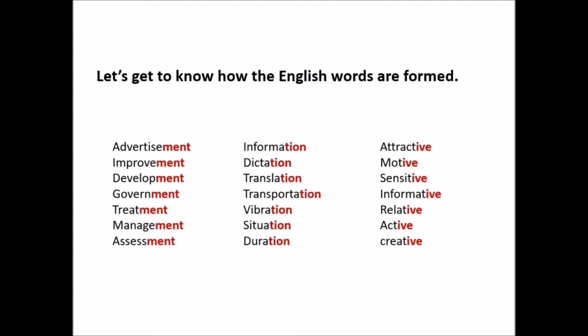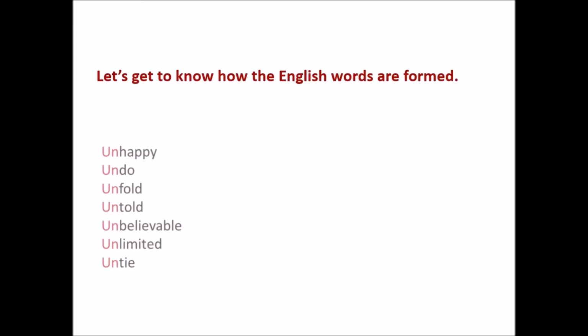Now we can add a few letters in the front. For example, here you can see unhappy. We have added two letters, un, to a word. We pronounce un as unhappy. Happy and unhappy.